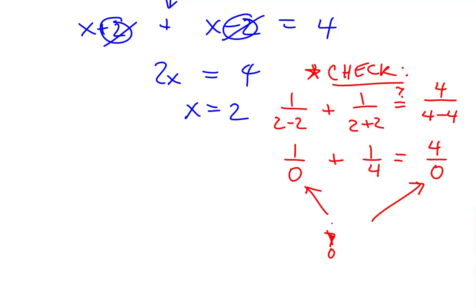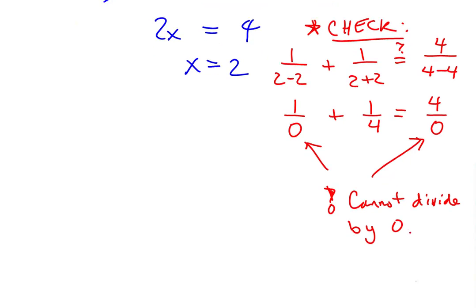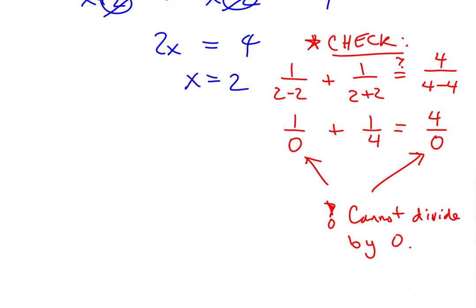So we have to say that this is a problem. I'll just make a note, cannot divide by 0. We've seen that before, and we know we're not allowed to handle that. So what that means is we have to mark this solution that we got, or we thought we got here, x equals 2. We're going to have to mark that as extraneous.